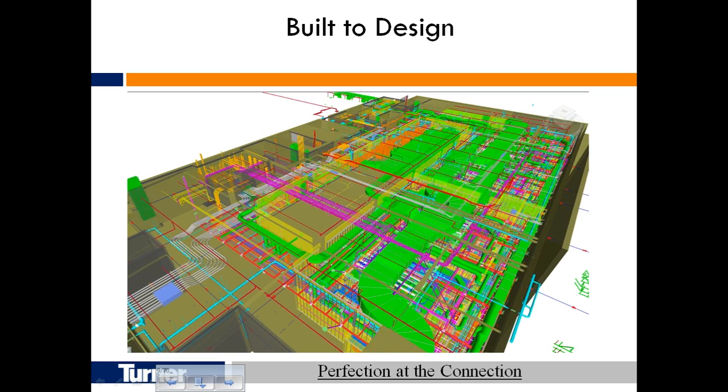So when we approached this project, increasing our ability from the last project, we said we want to turn over to this institutional owner exactly what was going to be built.